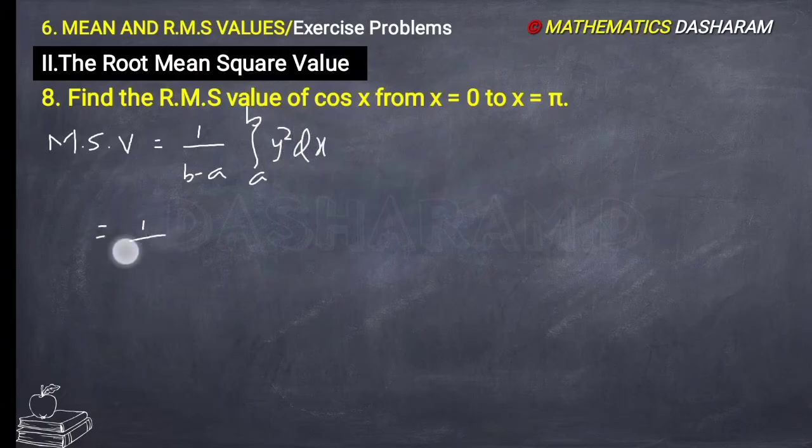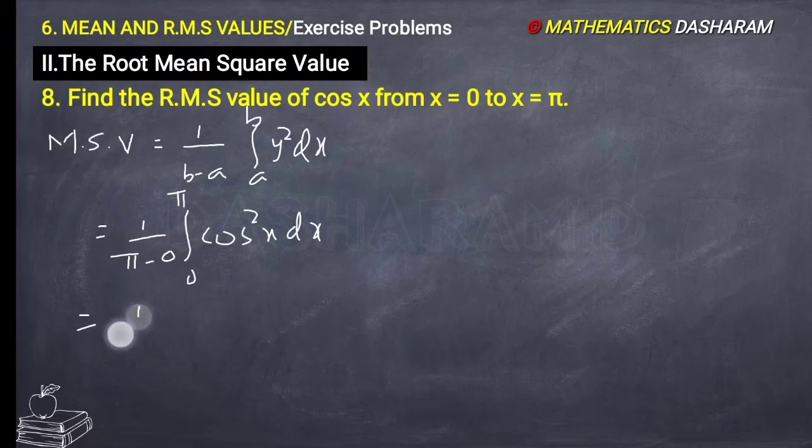So 1 by b minus a, b value is pi, a value is 0, integration 0 to pi y square, meaning the given function a cos x, so it's a square cos square x. So 1 by pi minus 0 is pi.